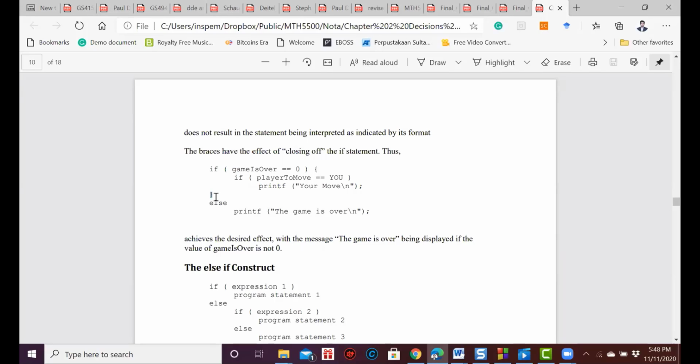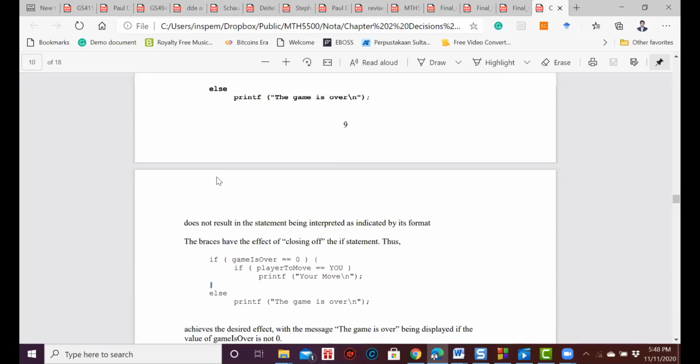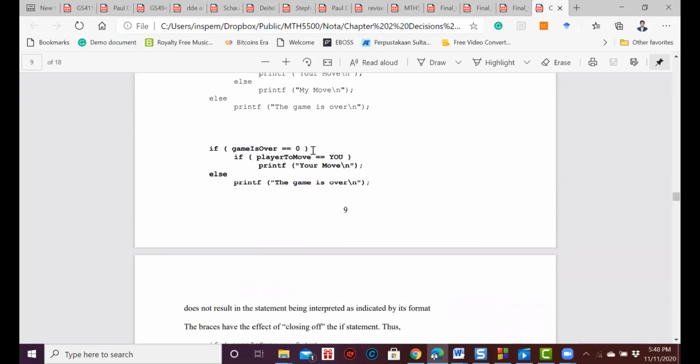Without curly brackets, the else belongs to the inner if. If we put curly brackets here, this else belongs to the outer if. So to solve these situations, we need to put curly brackets here, so that the logic is as expected.